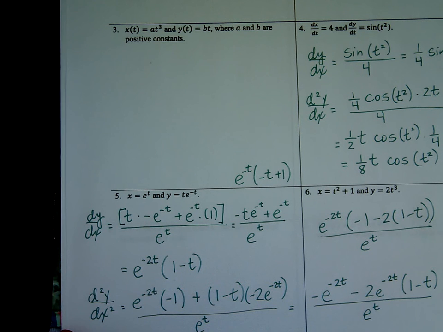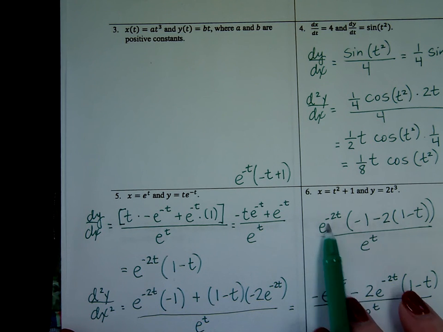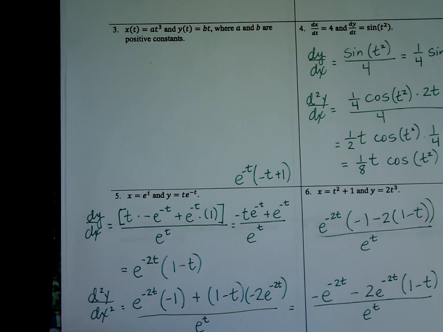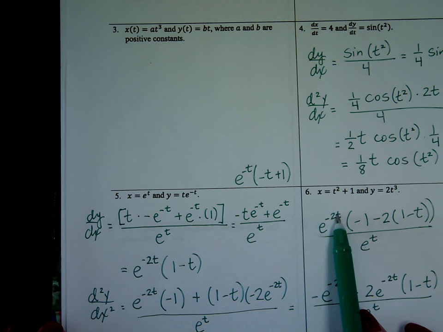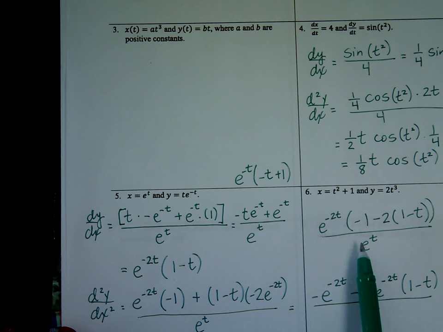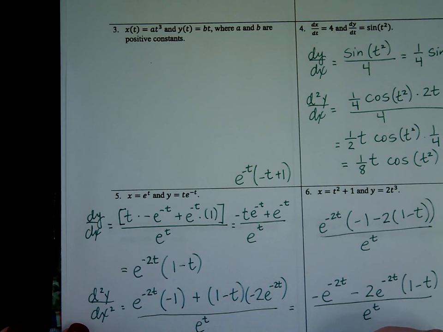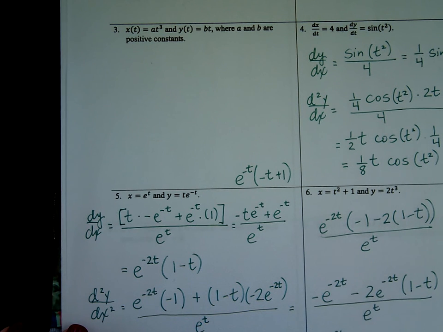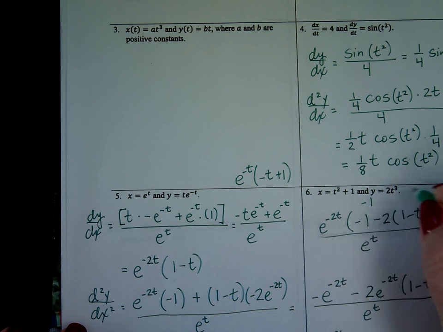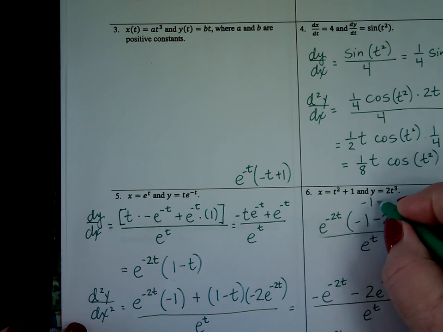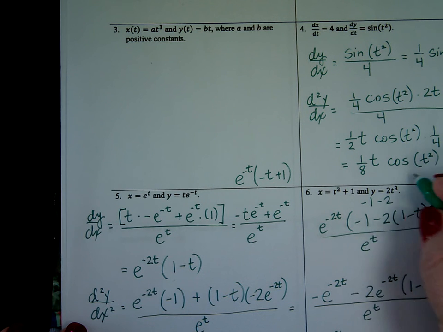Now the reason why I did that is because now I can create not two fractions, but a single fraction. e to the negative 2t over e to the t, they're both e's, gives me e to the negative 2t minus t, which is negative 3t. And that takes care of all this. I have a negative 1, and up above, negative 2, and I have a positive 2t.